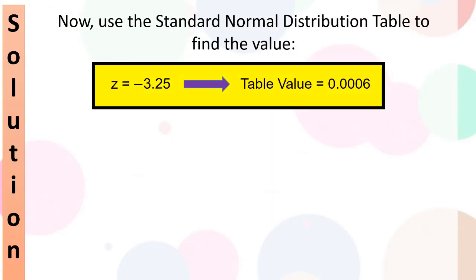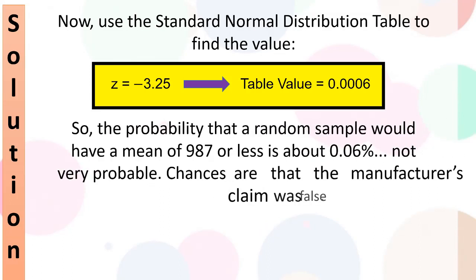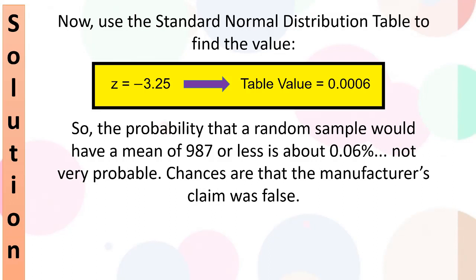If you look this up on the standard normal distribution table, a z-score of negative 3.25 has a table value of 0.0006. We wanted to know the probability that the average was less than or equal to 987. And so with a less than probability, the table value is our probability. So the probability that a random sample would have a mean of 987 or less is 0.0006, which is 6/100ths of 1%.